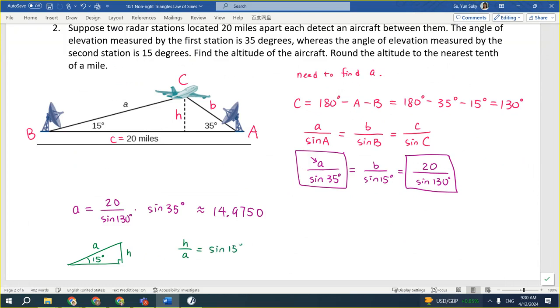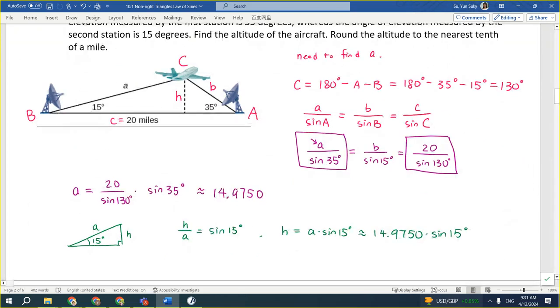Sine 15 degrees, right? Therefore H is A multiplied by sine 15 degrees. And we know A is about 13.9750. Now you multiply by sine of 15 degrees.